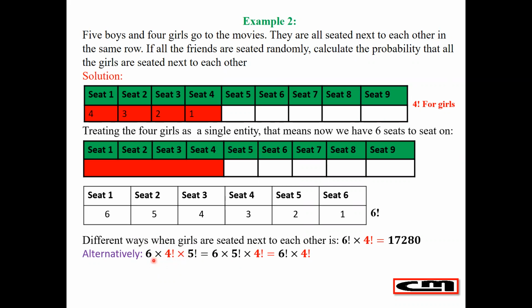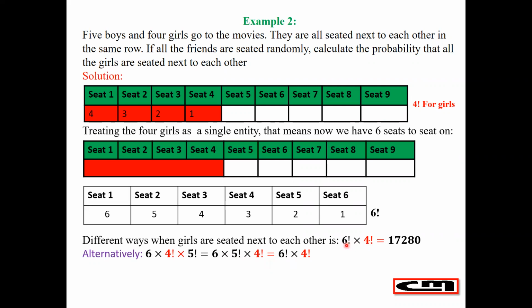Again, I can rearrange this. It will be 6 times 5 factorial, times the 4 factorial. But this 6 times 5 factorial is the same as 6 factorial, which is this one, times the 4 factorial. And you see that this number is still the same as this.